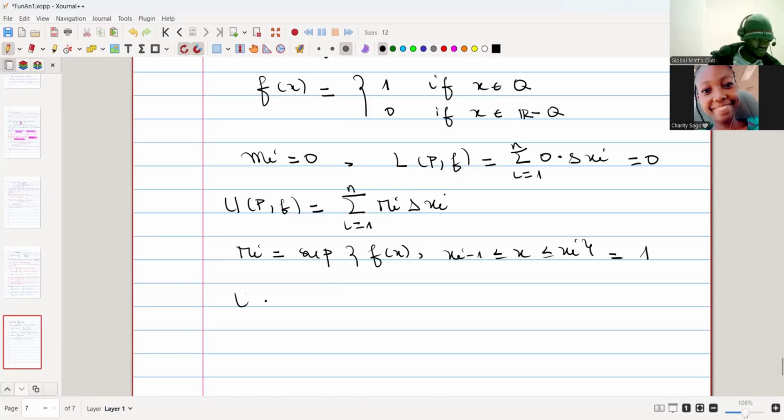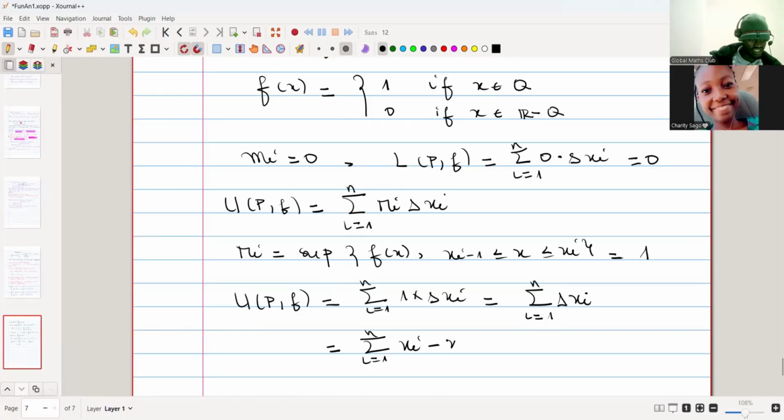So the upper double sum, which is the sum from i equal 1 of 1 times this, so it will be this one. And this is just the sum of xi minus xi minus 1. And it is a telescopic sum. So what we are going to have is xn minus x naught. So it is b minus a.